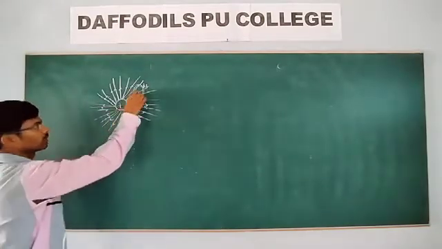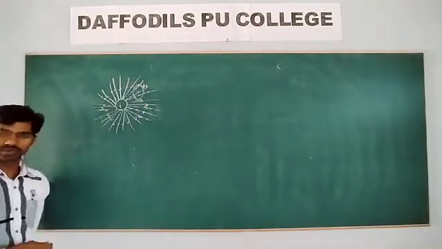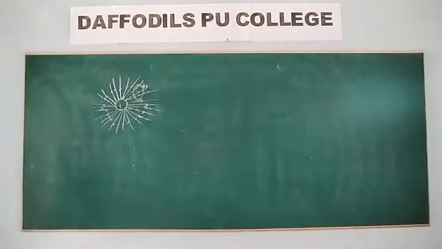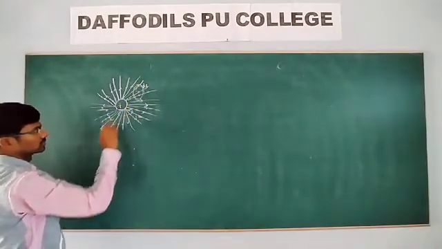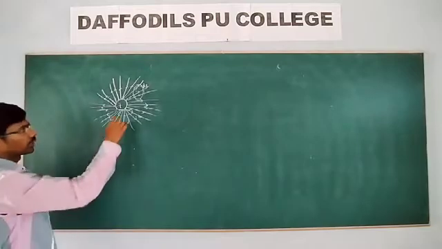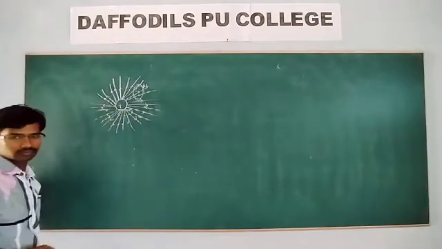Here, 1, 2, 3 electric field lines. For the same surface area, taken nearer to the charge, how many field lines are passing? 1, 2, 3, 4, 5, 6.